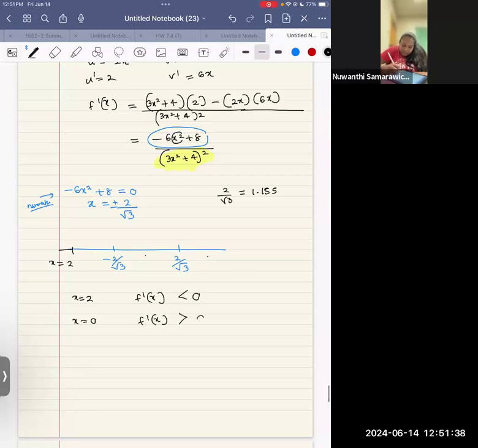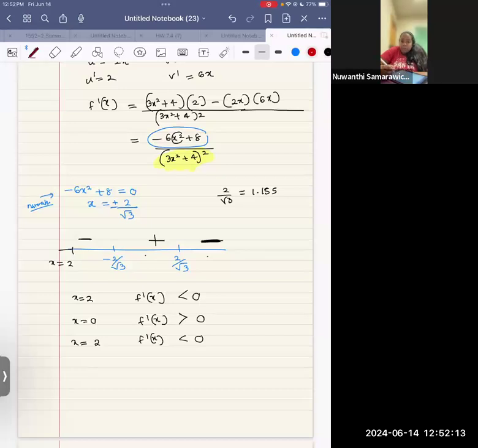Positive, yes. When x is equal to 0, it is positive, and when x is equal to 2, it is negative. So the first derivative is negative.